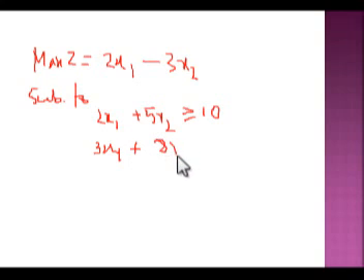Two decision variables, so two constraints are enough. It is not necessary that two decision variables mean two constraints. It can be more or less.